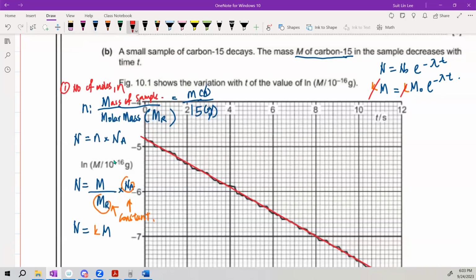Whatever you do on one side to find the number of particles, you will repeat the same thing on the other side to find the number of particles, and they cancel out because all I care about is the mass that is remaining and the mass that we started off with. So it depends on your ability or your dexterity to understand that when it comes to this decay equation, in front here can be a lot of things.